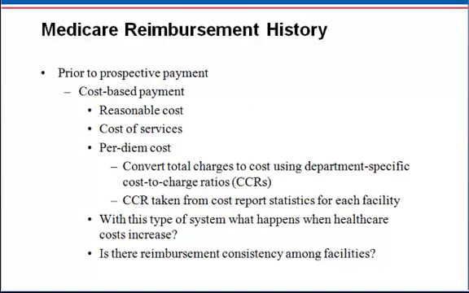So by the late 70s, healthcare costs, hand in hand with reimbursement from Medicare, sharply rose, as you can imagine. So that really impacted the dollars that the Medicare program had in reserves.